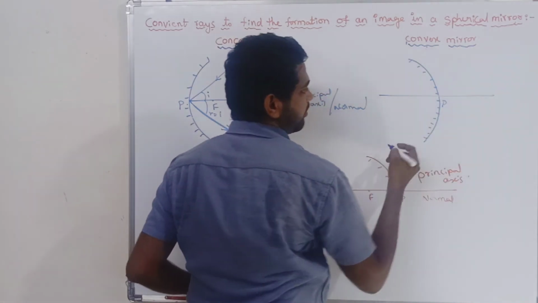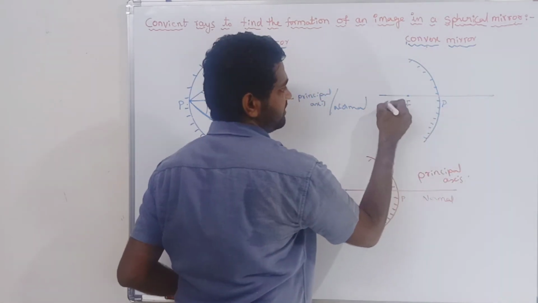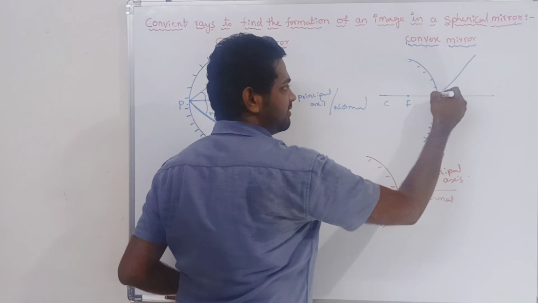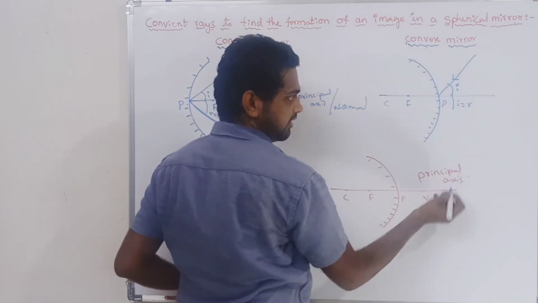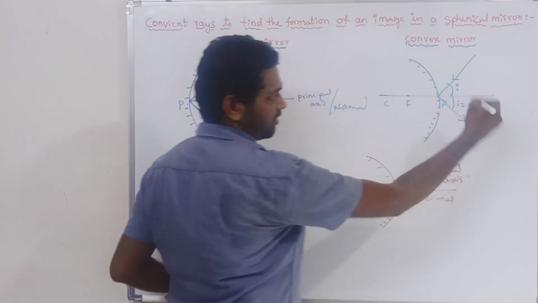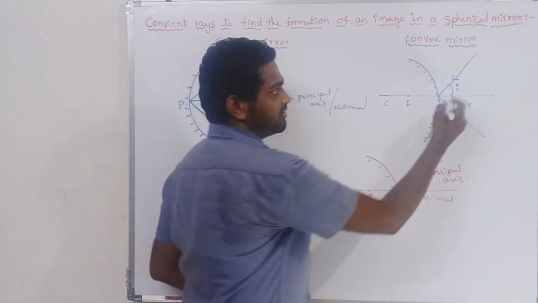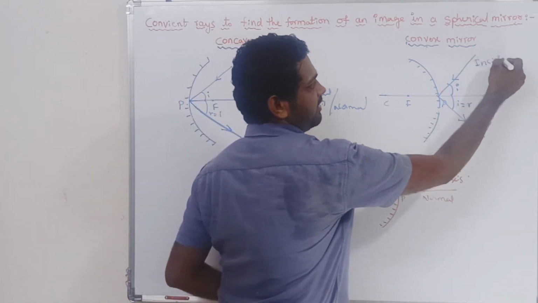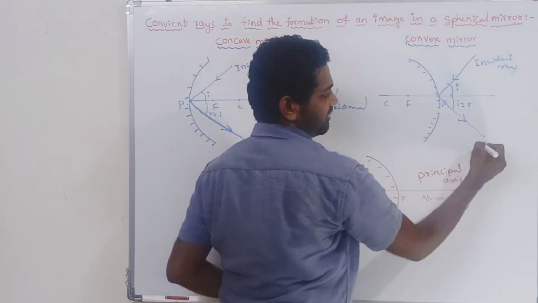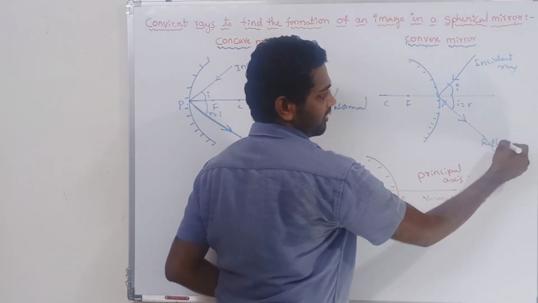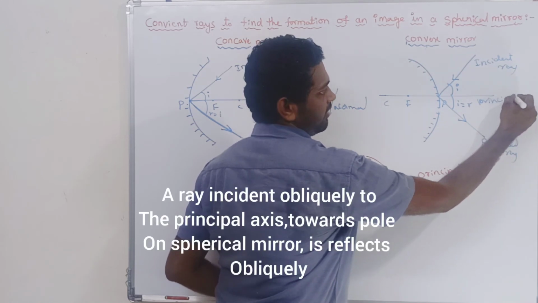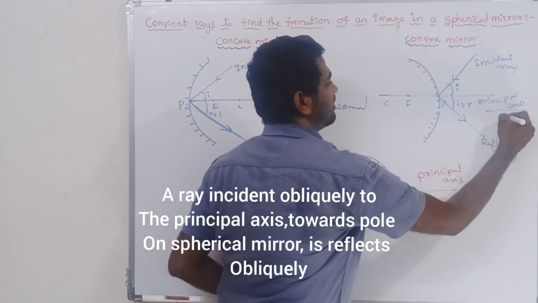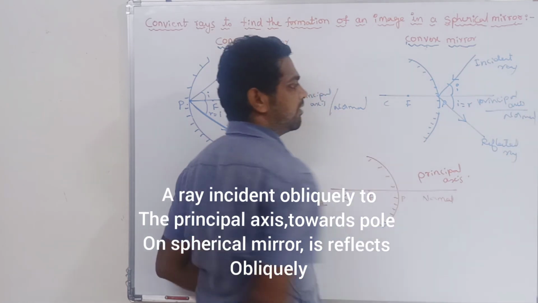So this is the point P, focus, center of curvature. The ray is making a certain angle with the pole. After reflection, it should make the same angle in the opposite direction. Both rules are the same. So in this diagram, this is our incident ray and this will be our reflected ray, and this is the principal axis, and this is also one of the normals at the pole.